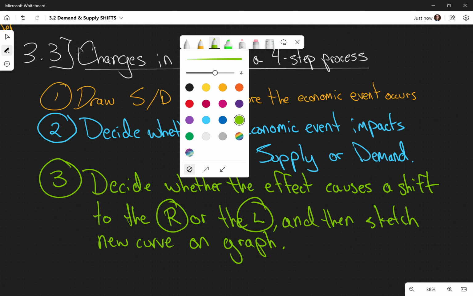I think I'm out of bright colors at this point. Let's go with white.